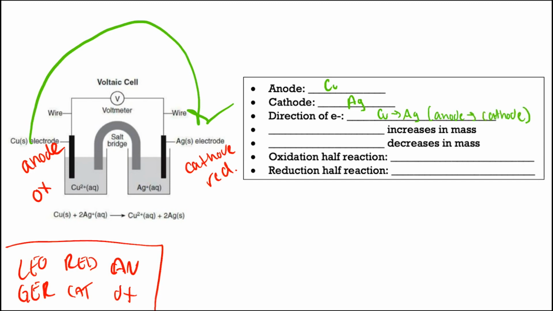Okay, so when we're talking about which gets bigger, which gets smaller, if we think about it, the cathode is being reduced, and that means you're gaining electrons, you're gaining stuff. So doesn't it make sense that the side that's gaining stuff gets bigger, and that the anode, which is being oxidized and electrons are being lost, is getting smaller? So one of the things that I had mentioned yesterday was a fat red cat, meaning it just keeps getting bigger.